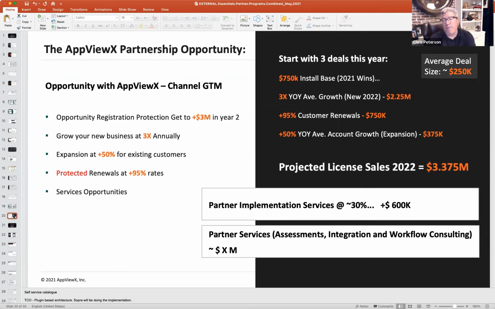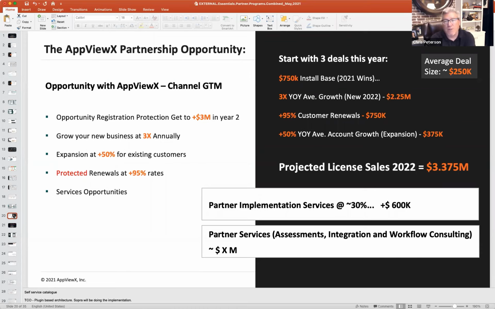So if you're a sales rep in the field and you start out with us, our average deal sizes run about $250,000. And if we close 3 deals together this year, you've got the start of a really great relationship. Talk about growing 3x year over year. If you track with AppViewX, you should add an additional $2.25 million in sales next year. 95%, 97% customer renewals.